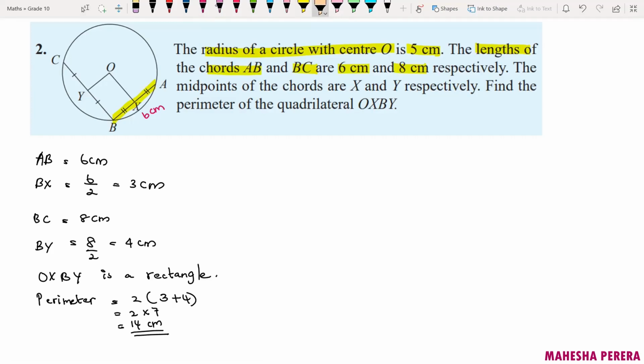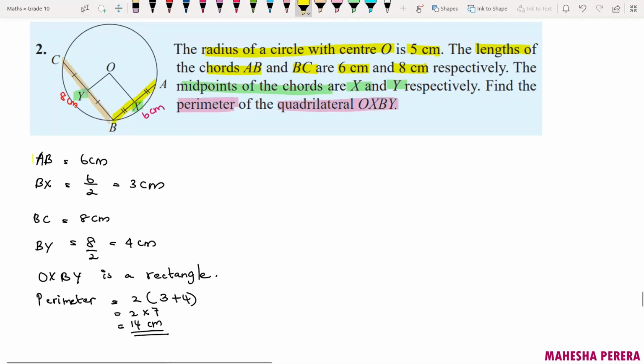And here is our chord BC. And the length of this chord is 8 centimeters. The midpoints of the chords are X and Y respectively. Right, here is X and here is Y. Find the perimeter of the quadrilateral OXPY.